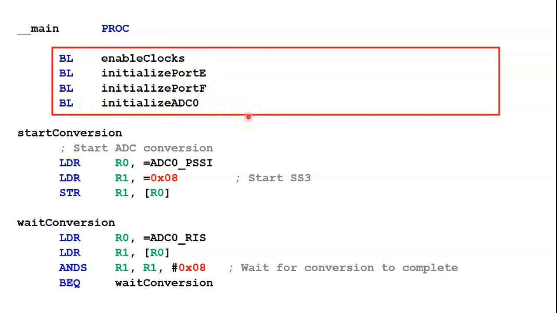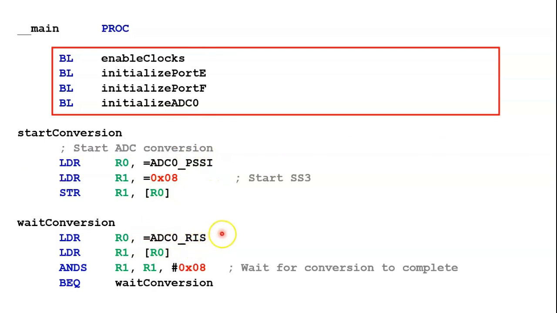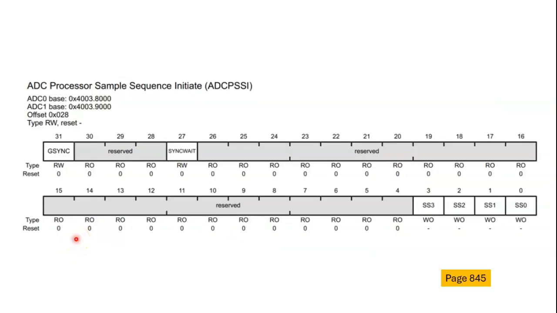Now, before I go any further, let's take a look at some of these registers, ADC0_PSSI, and then ADC0_RIS, and so on. So, this is the processor sample sequence initiate register. Now, this register is used to initiate sampling in the sample sequences.